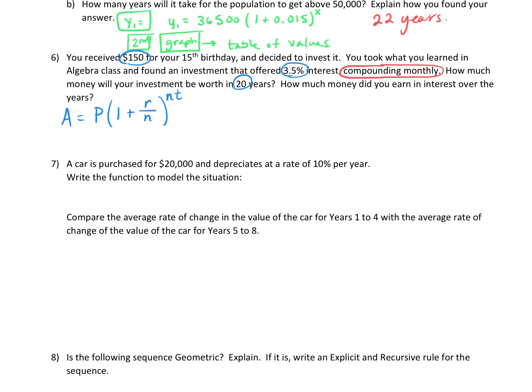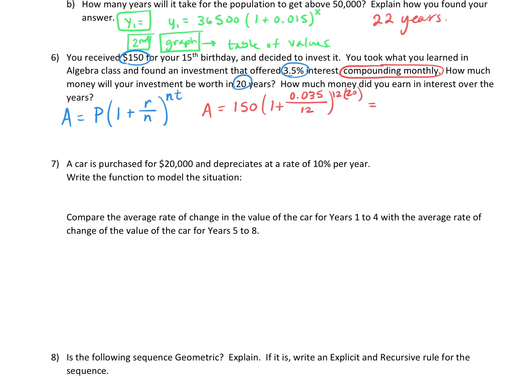All right, so we are going to set this formula up. A equals our principal, which is the initial amount, $150, times 1 plus the interest rate as a decimal, 0.035, over n, our number of compounds in a year, which we said would be 12, raised to the n times t, so 12 times 20 years.